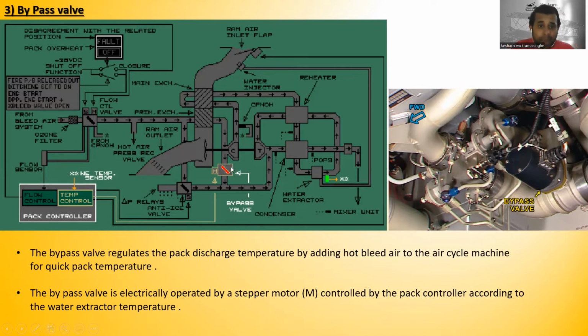The bypass valve is electrically operated by a stepper motor, controlled by the pack controller. Remember, the stepper motor is controlled by the pack controller according to the water extractor temperature. Here is the water extractor temperature sensor, and the signal is coming from here.